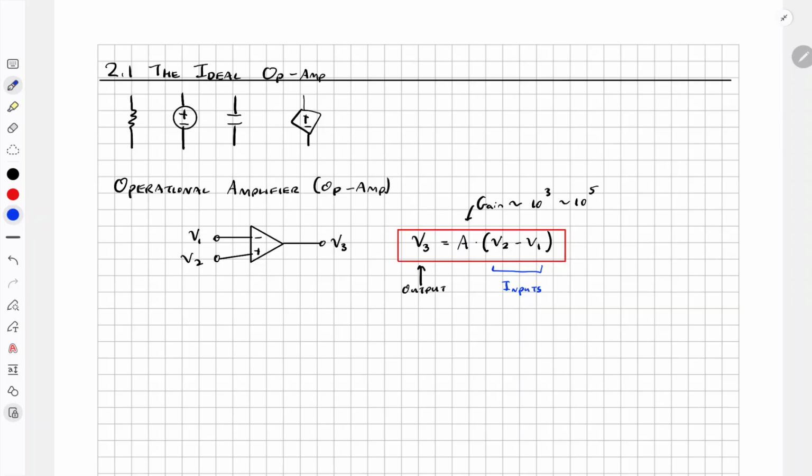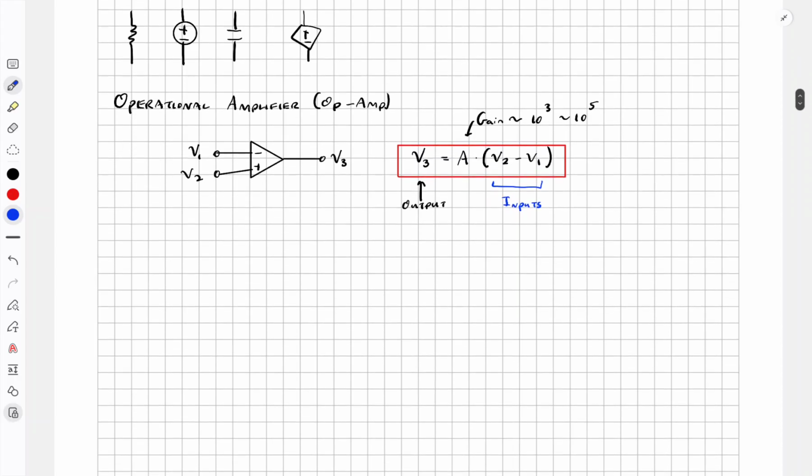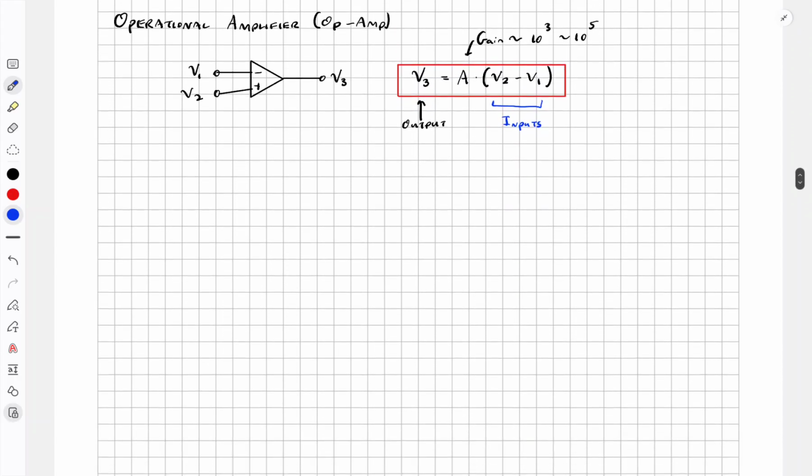For now, we just want to know some basics of how the op-amp actually works. We'll draw the circuit symbol again, with the output V3, an input at the minus called V1, and another input at V2.